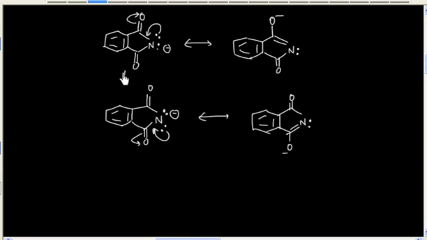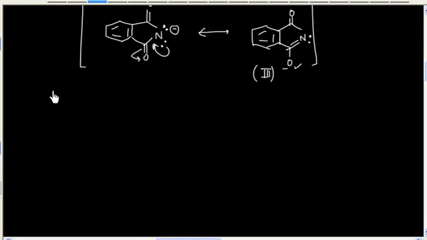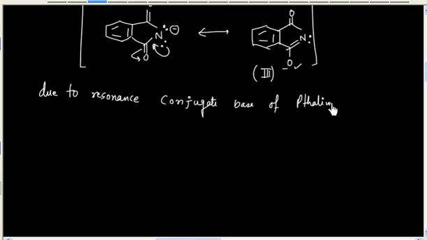So basically the conjugate base of phthalimide has three resonating structures, and the negative charge is just spread over nitrogen, oxygen and another oxygen. So these are resonating structures. So due to resonance, the conjugate base of phthalimide is stabilized.